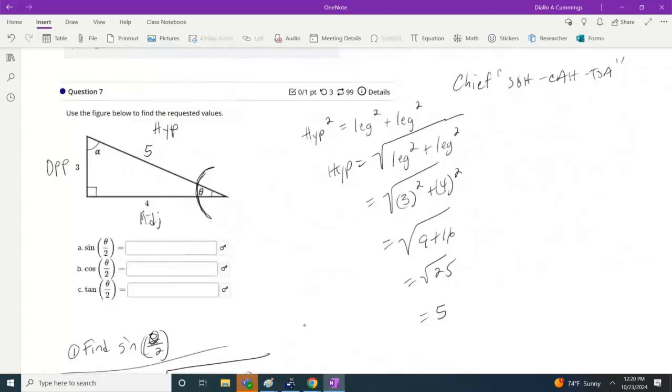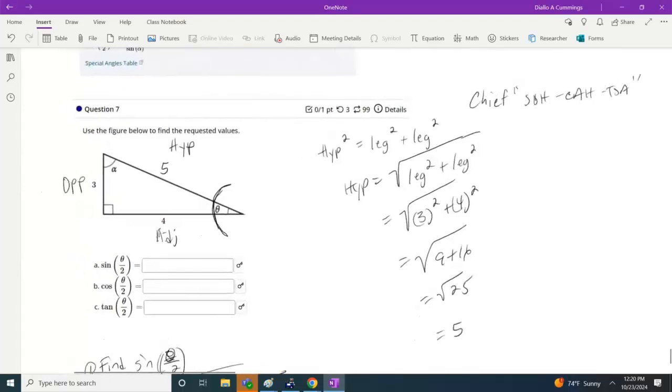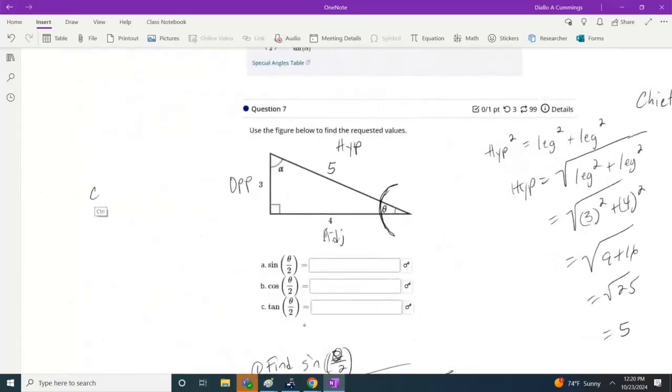The cosine is the adjacent over the hypotenuse. So looking at this triangle, the cosine of theta is equal to the adjacent, which is 4, over the hypotenuse, which is 5. So the cosine of theta is 4/5.